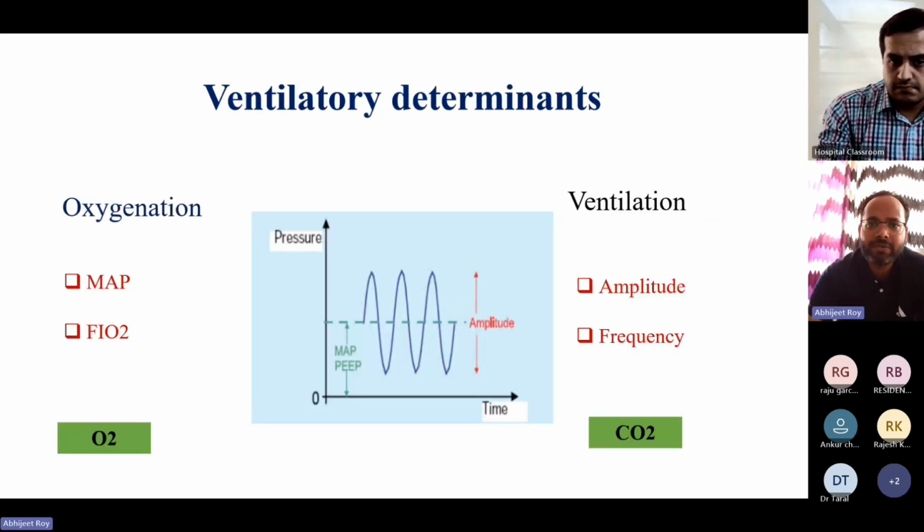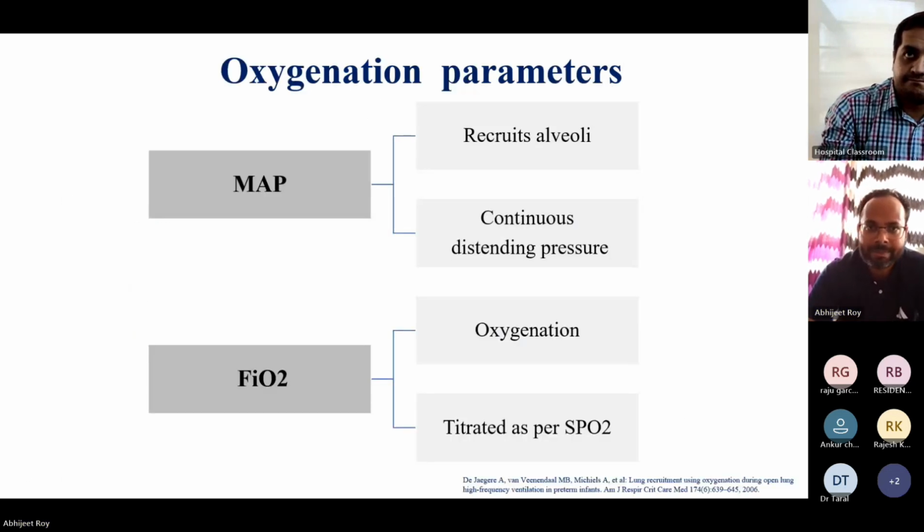So as we know, there is oxygenation and ventilation decoupling. What does it mean? That the parameters to control oxygenation are largely independent from the parameters that control ventilation, so that we can micromanage the oxygenation and ventilation part. Oxygenation is controlled by MAP, that is mean airway pressure, and FiO2, and ventilation, that is carbon dioxide elimination, is controlled by the amplitude and frequency.